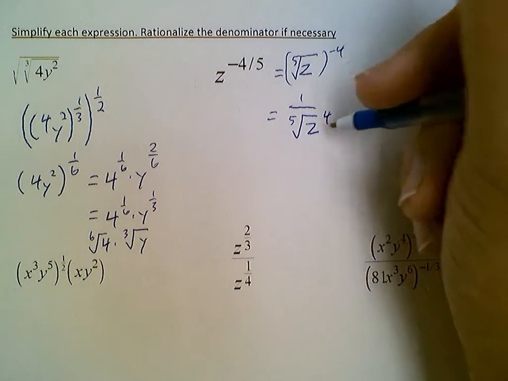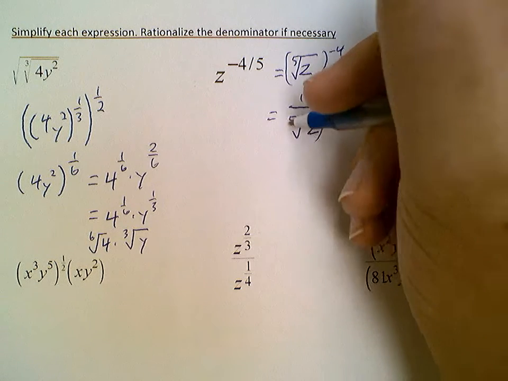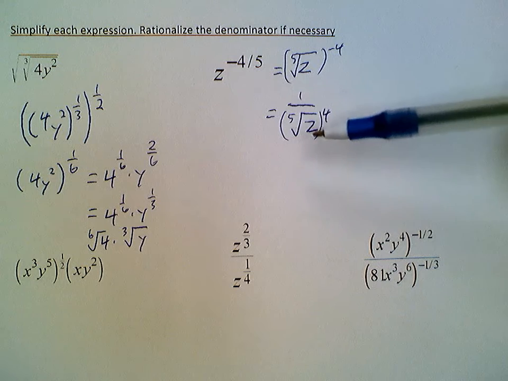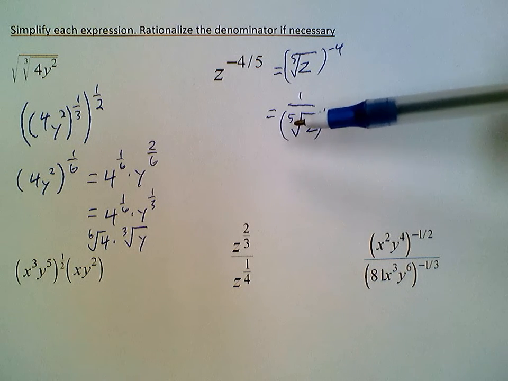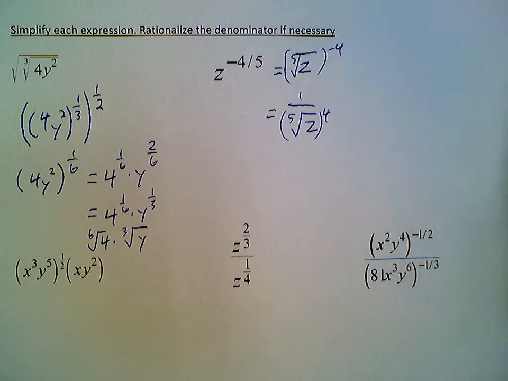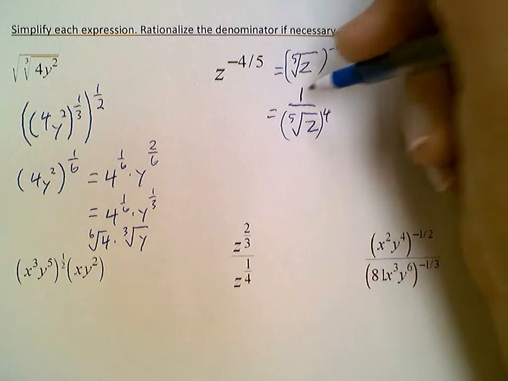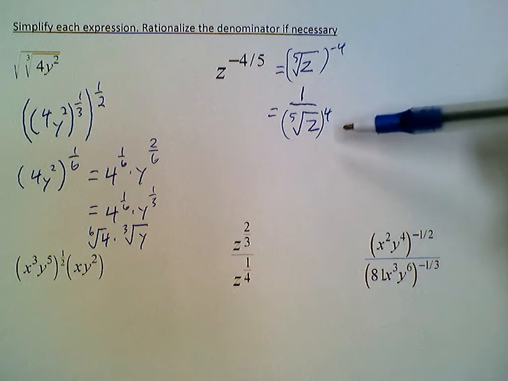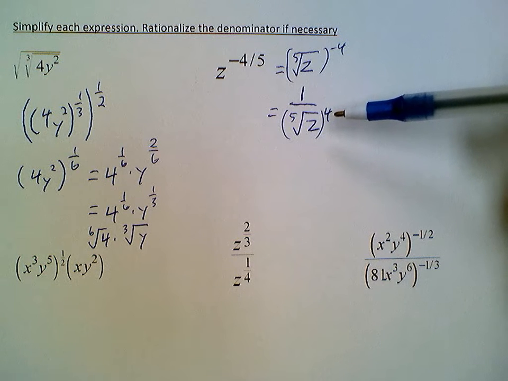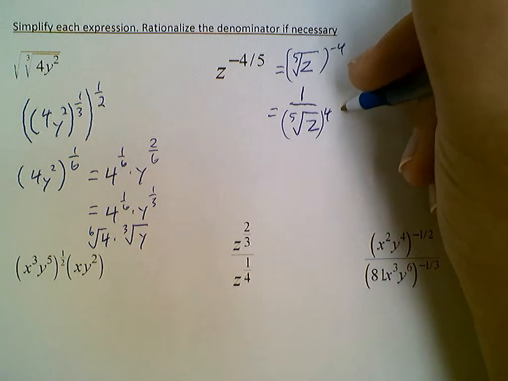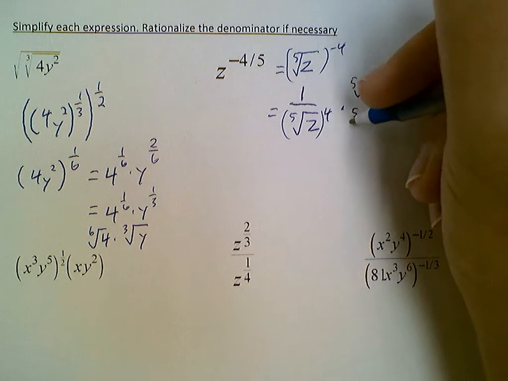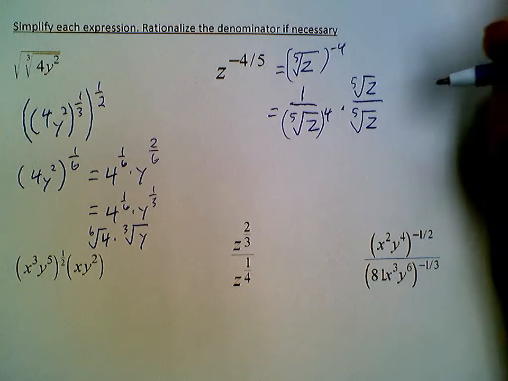Okay, now the problem here is if I want to rationalize the denominator, it is not rational because it's a root right now. So think back to how when we rationalize denominators, I've got a 5th root, which means I need a perfect 5th power. I don't have a 5th power, but I do have a 4th power. So I need one more 5th root of z in the denominator. So I'm going to multiply the top and the bottom by the 5th root of z to the 1st.